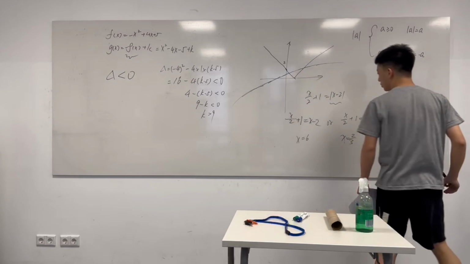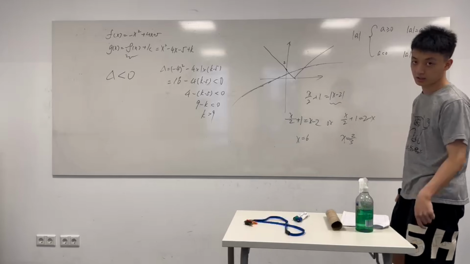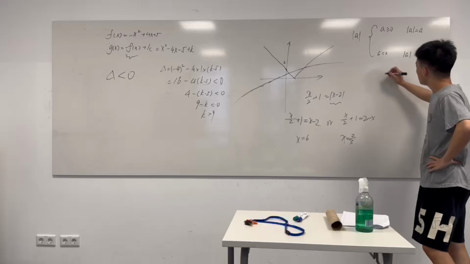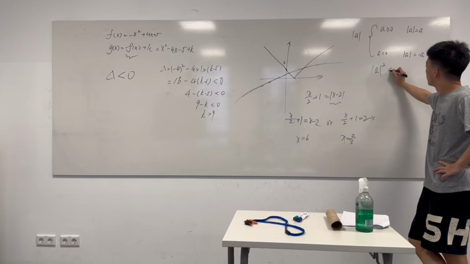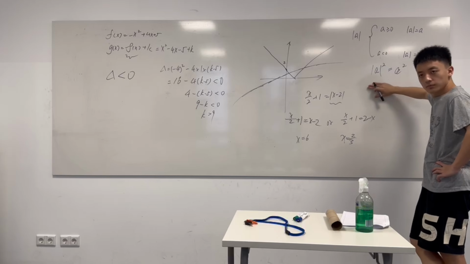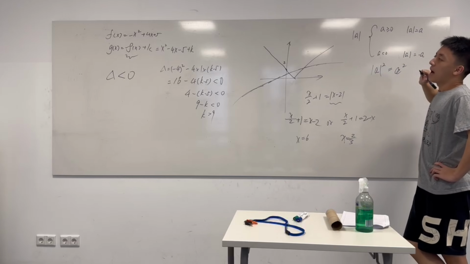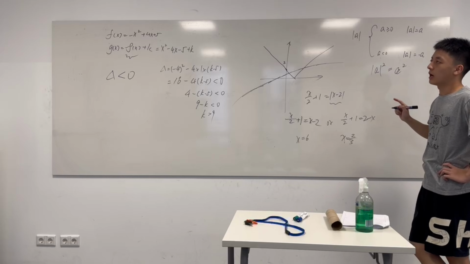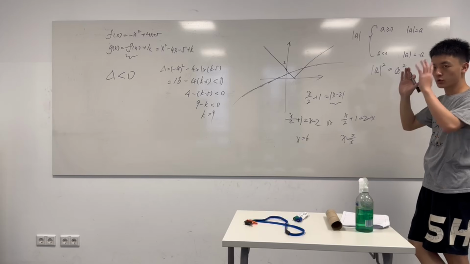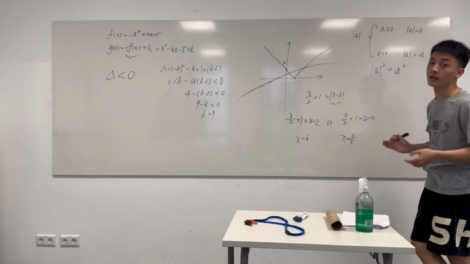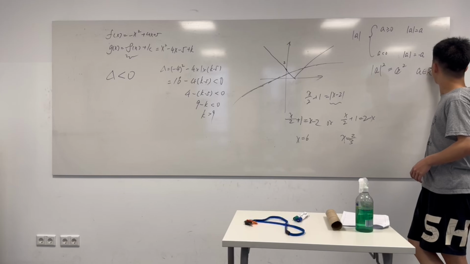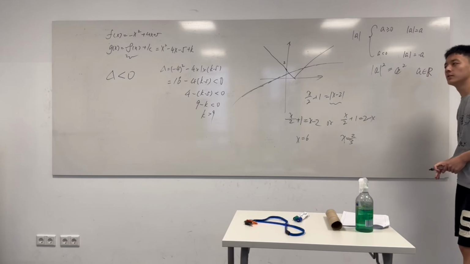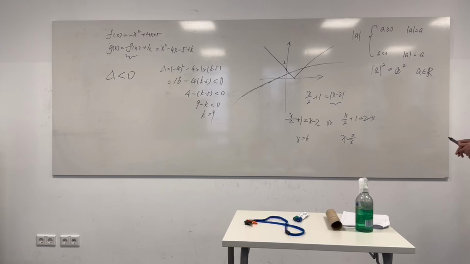And another way to do that, look. The absolute value of a squared is equal to a squared if a is a real number. It's also something you can find here.